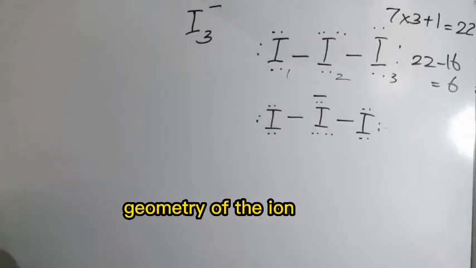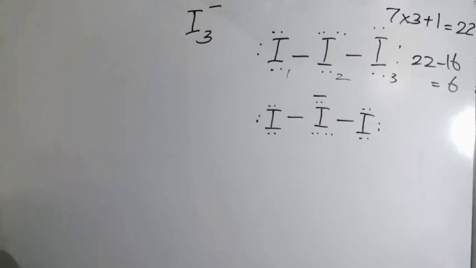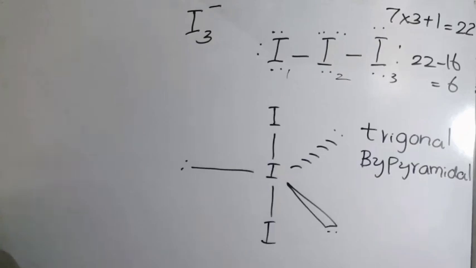When we consider the center iodine atom, it has 3 lone pairs and 2 bonding pairs. That means 5 VSEPR pairs. So then we have to look at the best arrangement that minimizes the repulsion between bonding pairs and lone pairs for this ion. Now this is the geometry.